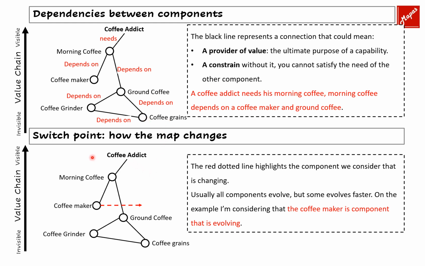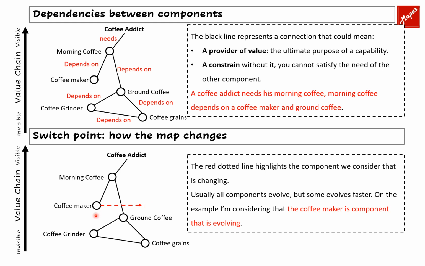Switch point. How to map changes. In this case, I want to highlight these red dotted lines, which show that we are considering that this component is changing. So maps are the representation of a temporal moment.